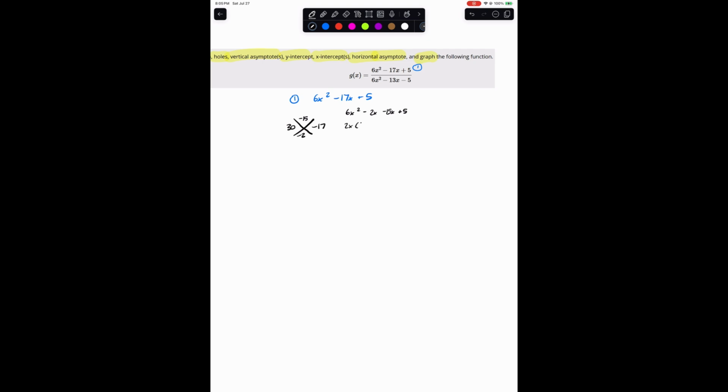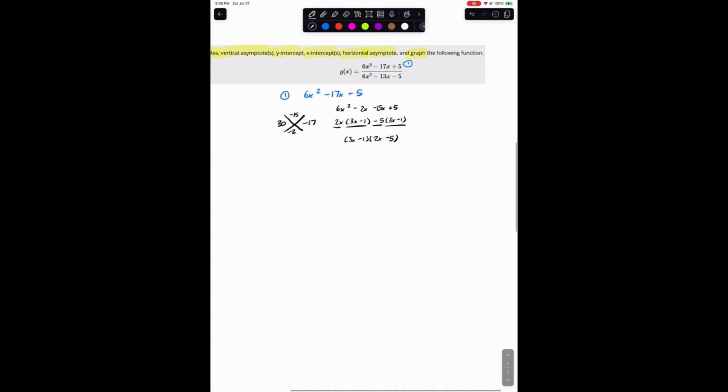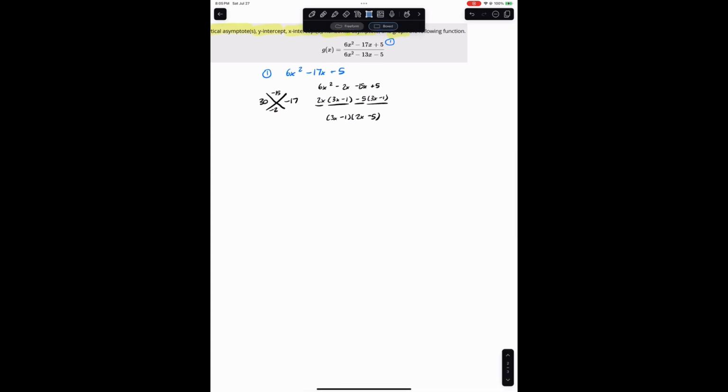We can take out 2x here, get 3x minus 1. We can take out a negative 5 here, 3x minus 1. Common factor, take it out. Add in the rest, 2x minus 5. Okay, so that is our numerator.